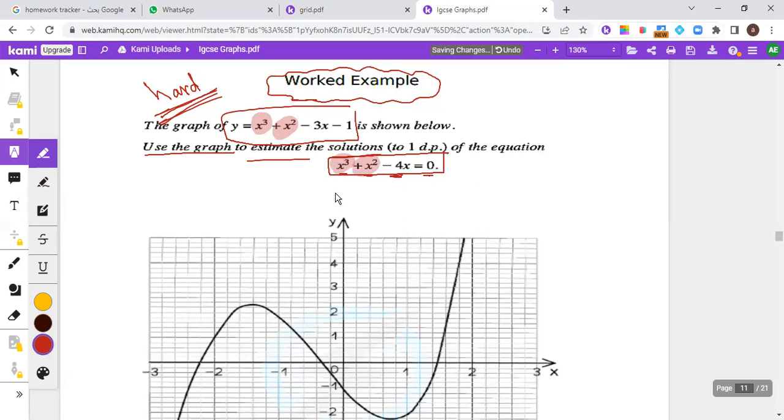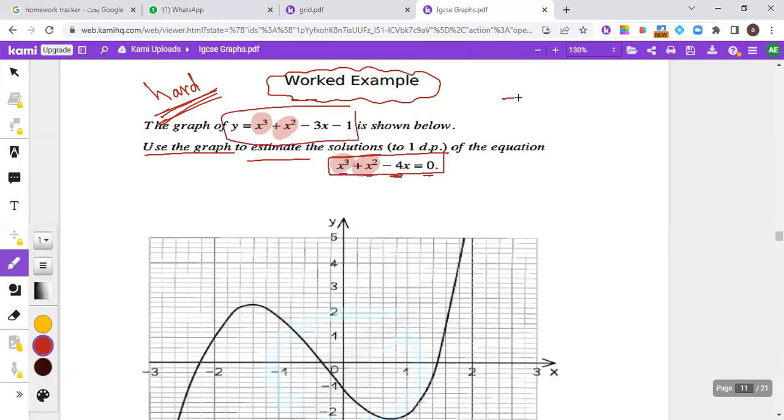Okay, now I need to make negative 4x to be negative 3x minus 1.